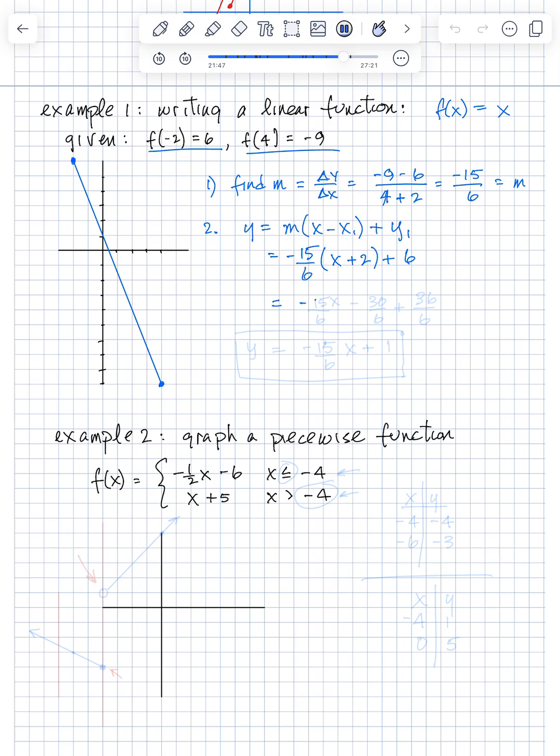So it's -15x over 6 minus 30 over 6. And we have to change the 6 into 36 over 6.